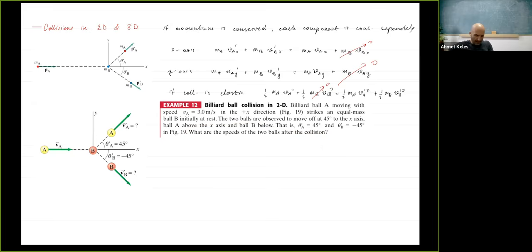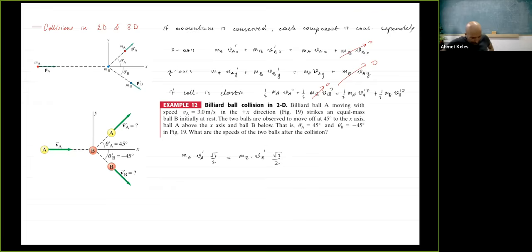Let's consider. So we said x and y axes are considered separately. I think it's a little bit more reasonable to consider y because it's initially 0. So I would say MA and VA prime times sine 45, which is root 2 over 2, should be equal to MB times VB prime times root 2 over 2.